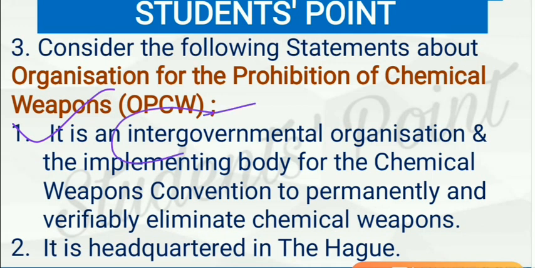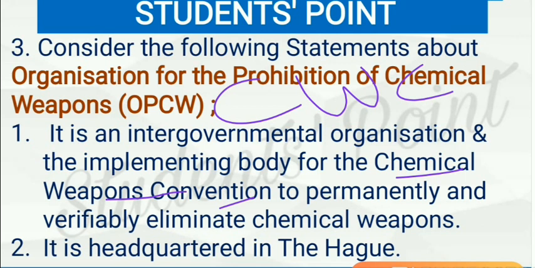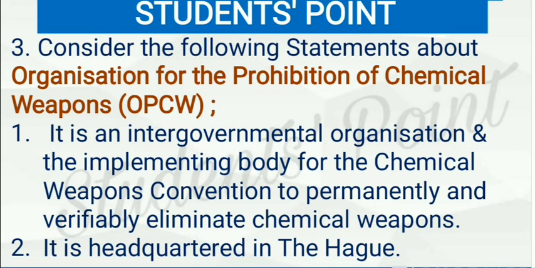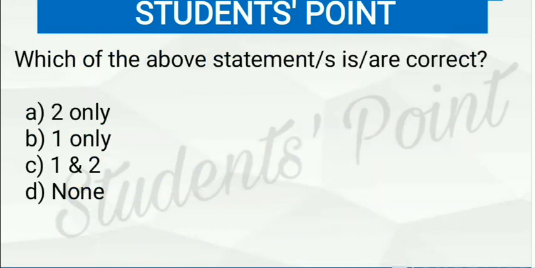It is an intergovernmental body having 193 members as of now, and it implements the Chemical Weapon Convention, in short called as CWC, to permanently and verifiably eliminate chemical weapons in the world. And it is headquartered in The Hague, which is in the Netherlands. So here both the statements are correct. So C is the right answer.